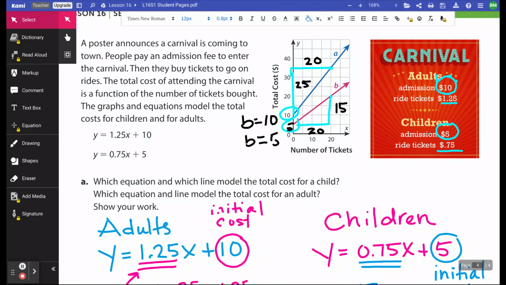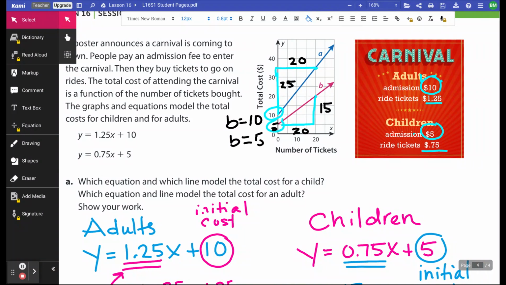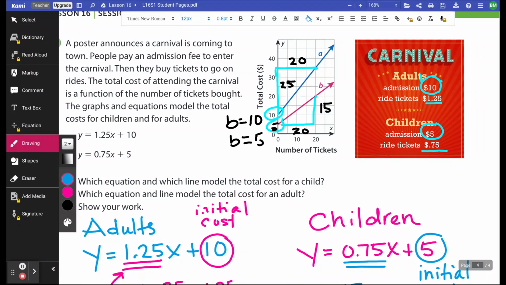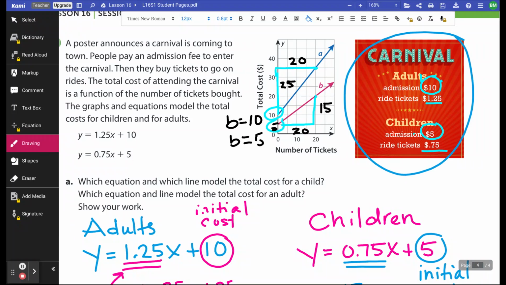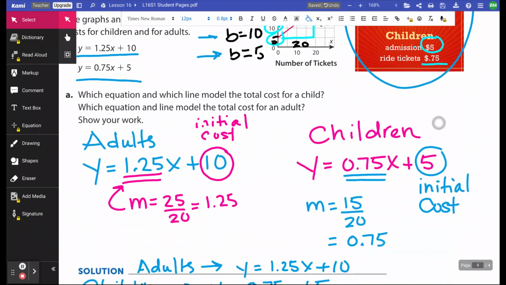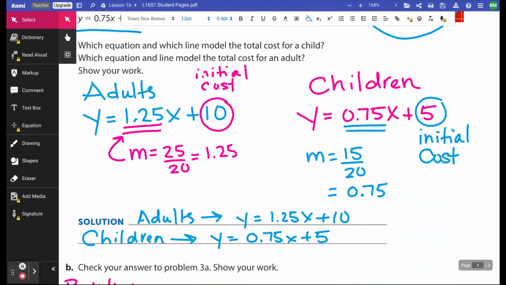For here, you'll need the information on the carnival poster. And you'll need to match that up not only with the equations, but also with what's happening in the graph, with the b values on the graph, as well as with the rise over run to find your slope. And finally, you need to match up the scenario with the equations.